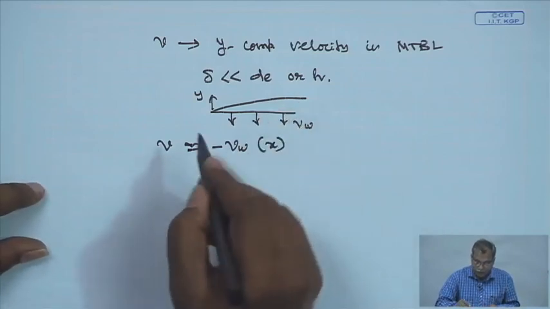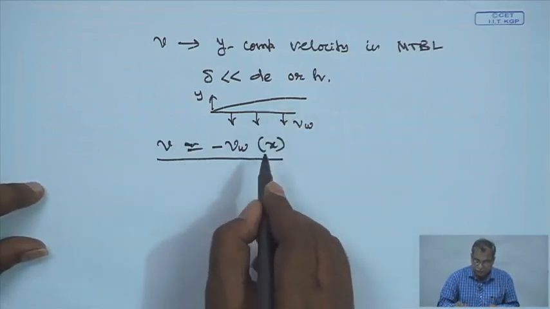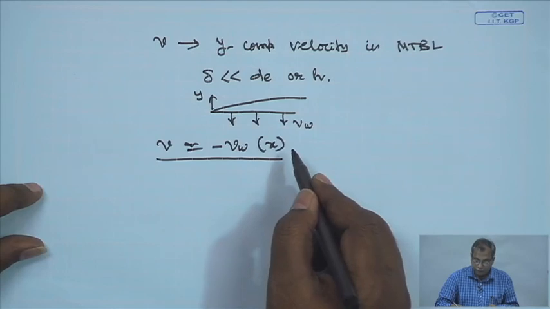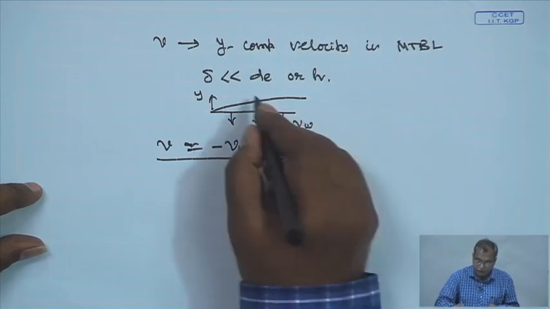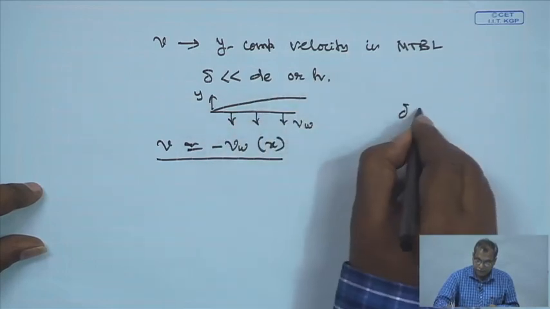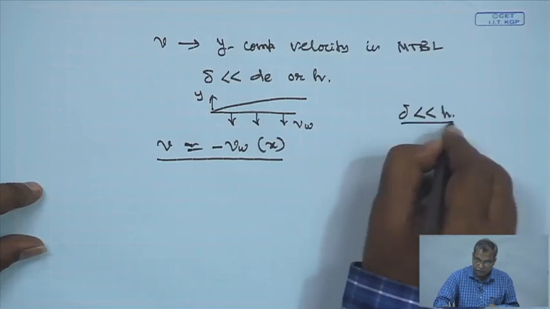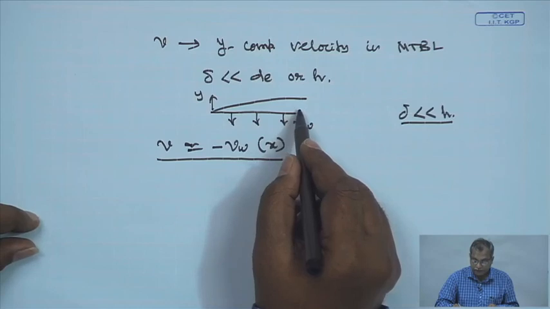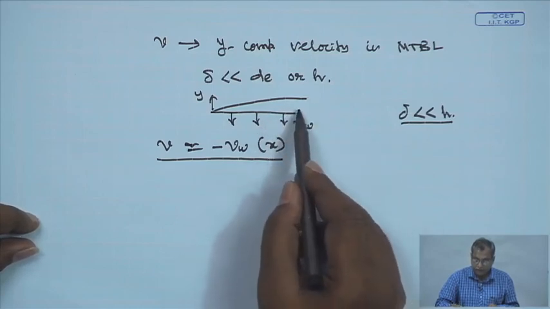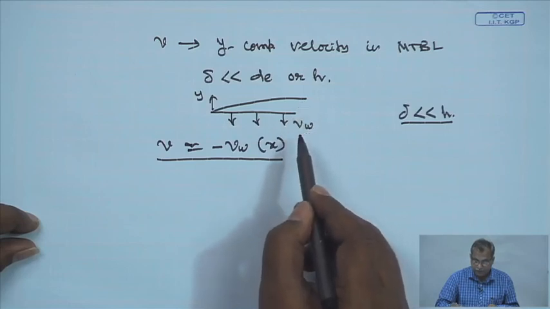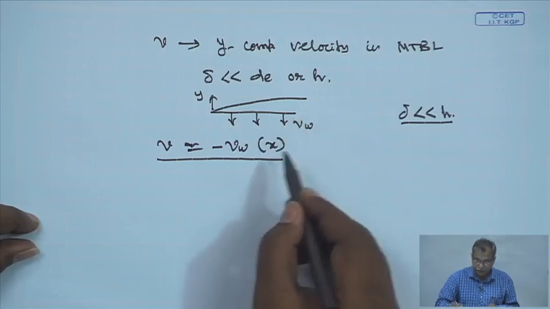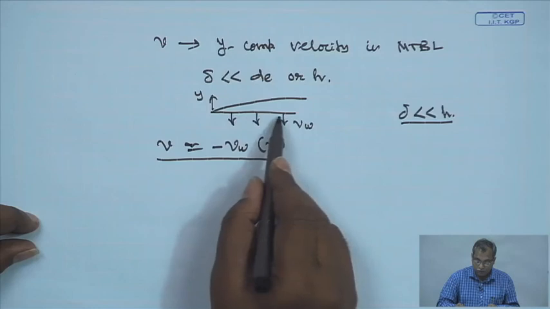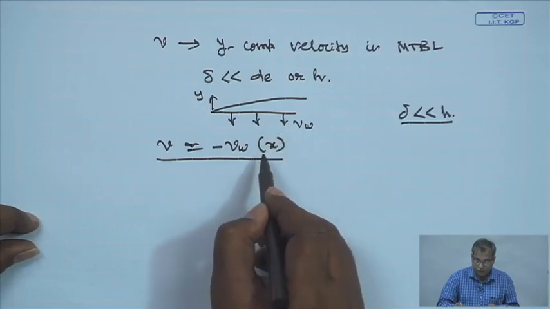This profile for the y component velocity can be assumed because the thickness of the mass transfer boundary layer is much smaller than h. Even if there is a variation of V as a function of x and y within the mass transfer boundary layer, since it is really very small, we can assume that at the wall the velocity is minus V w, and everywhere in the layer it is minus V w.